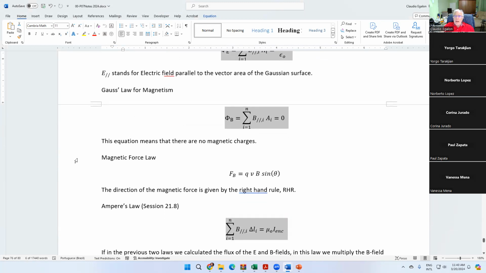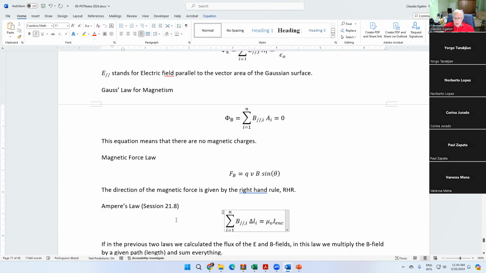So what is similar in the new law, Ampere's law? In the case of Ampere's law, we have a B field here, and we have a B field here. The difference is that this B field is used to calculate the flux. Why is it a flux? Because we have an area here. But here we do not have an area. Here we have something else other than the area.